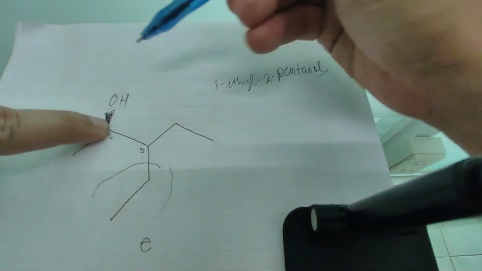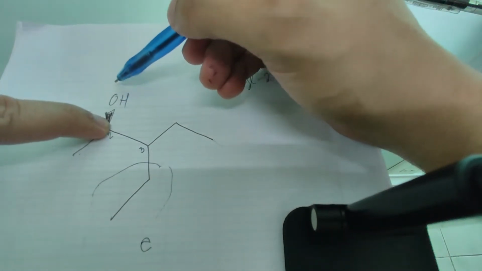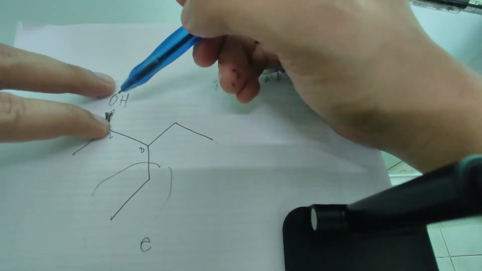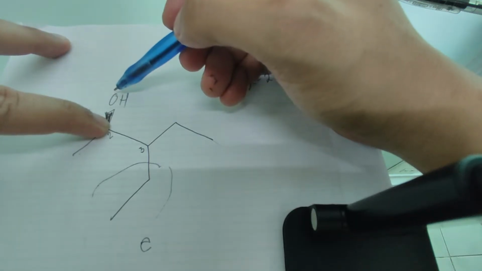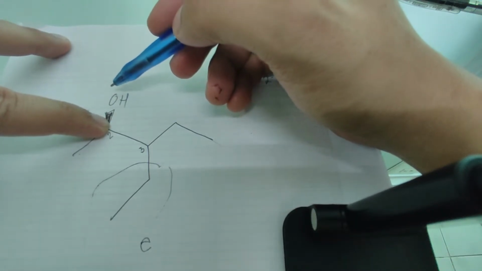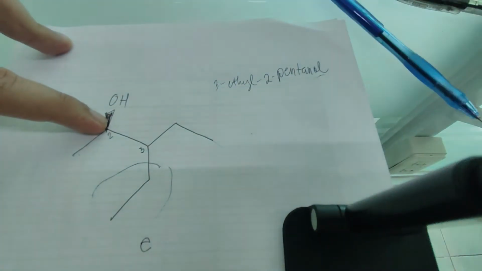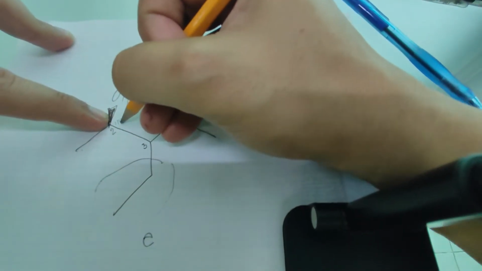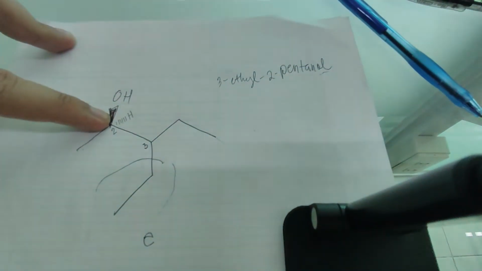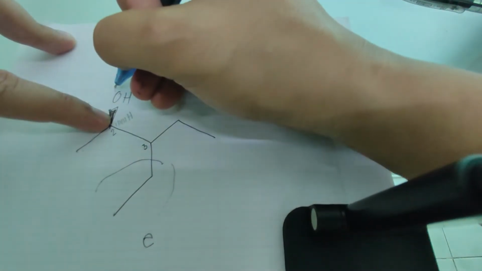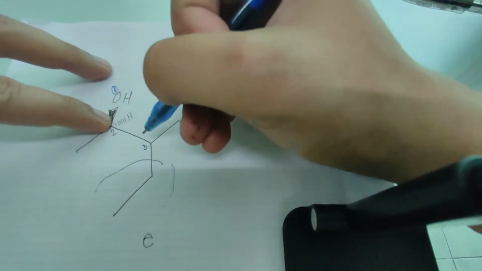This carbon is priority 1 because it has a higher atomic number compared to these two carbons and the hidden hydrogen at the back. So this is 1. How about number 2?